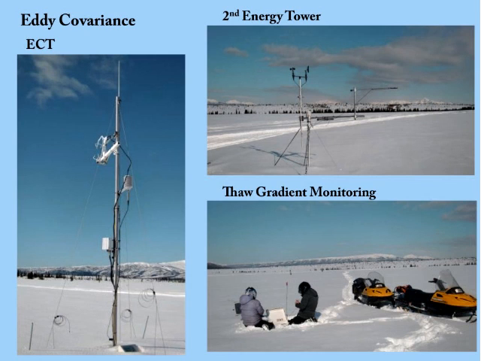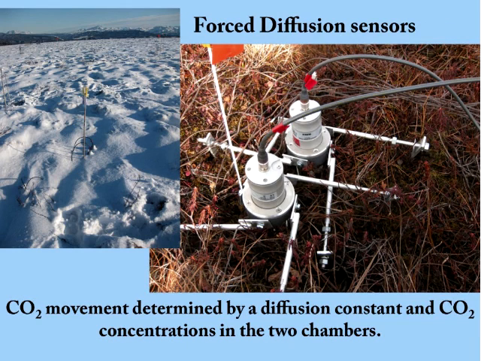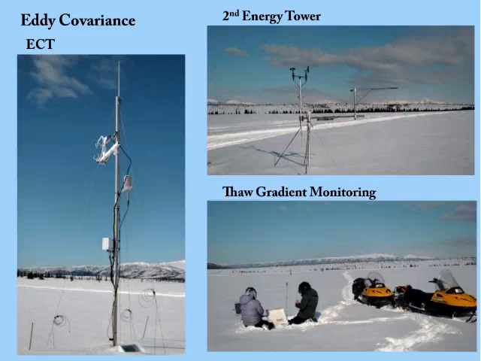The eddy covariance tower, ECT, is located at the gradient thaw site. The eddy covariance tower simply measures carbon flux over an area around the tower itself. And it does this by using a statistical method and in the presence of wind.